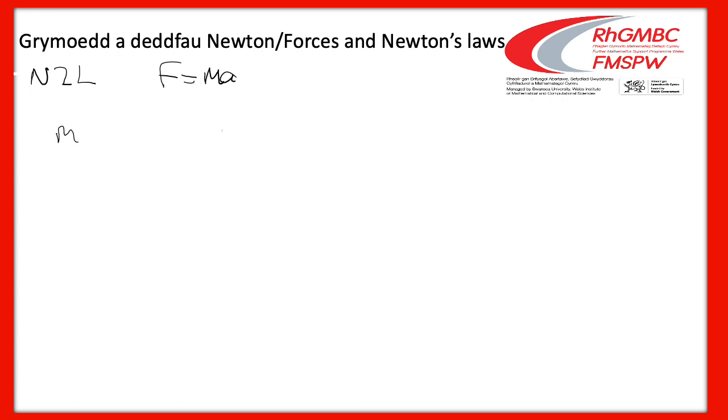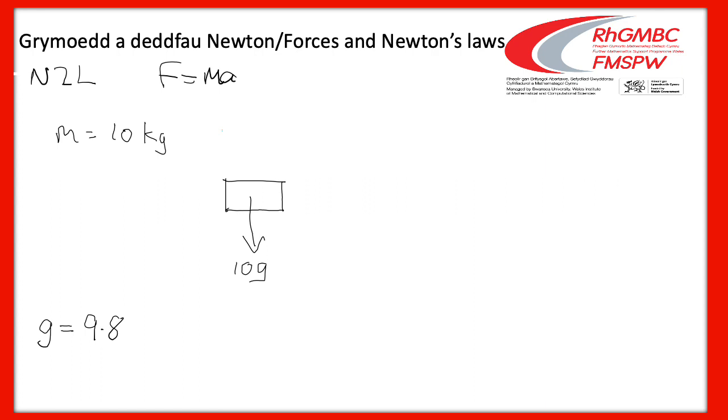Let's say I've got a mass of 10 kilograms, and a couple of forces acting upon it. A little point here: to a mathematician, g is always used as 9.8.